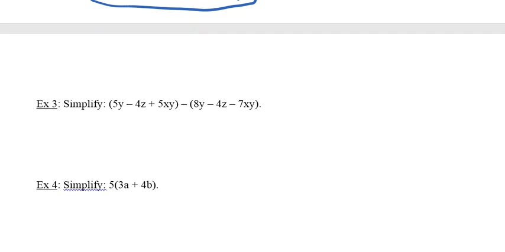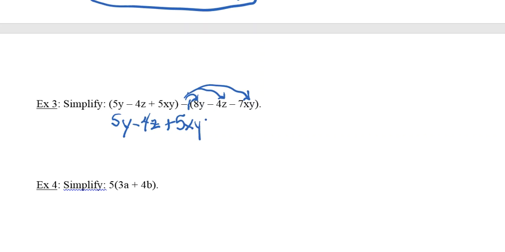Now, example 3 is different from example 2 in the fact that now I'm subtracting, and when I do subtract terms, they do change. So if you can kind of think about it as there's a negative 1 right here that has to be distributed. So really this problem is saying take 5y minus 4z plus 5xy.